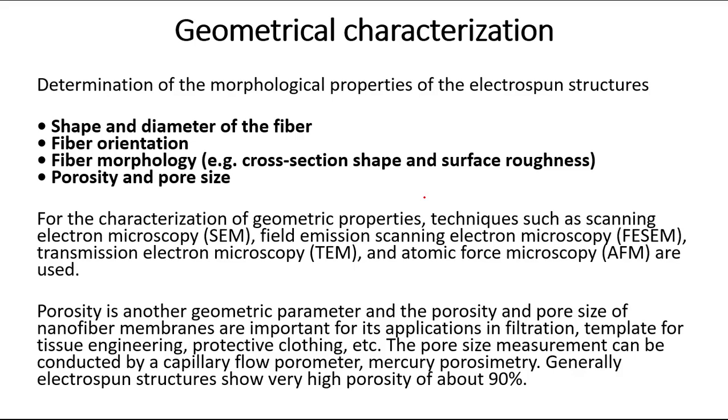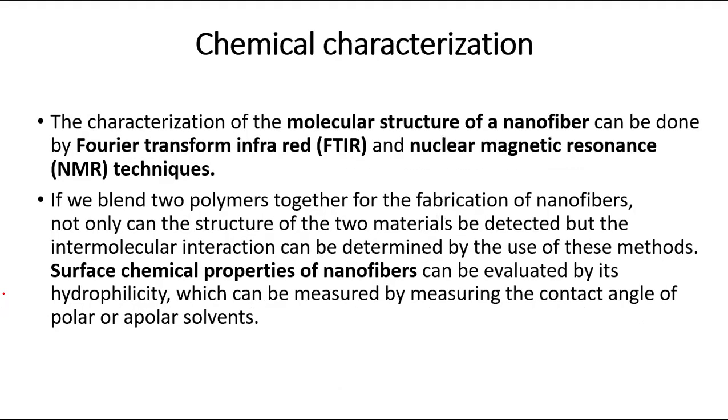What are the microscopes? Scanning electron microscopy can be used, transmission electron microscopy can be used, and also atomic force microscopy can be used. And also the porosity of the fiber mesh is another geometrical characteristic, and the porosity can be measured using BET instruments.